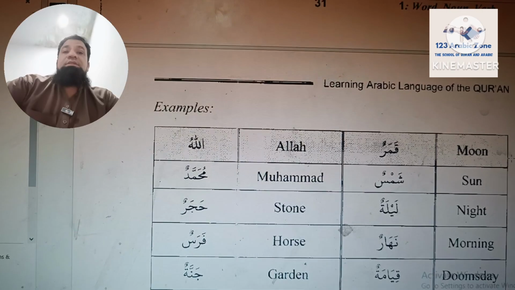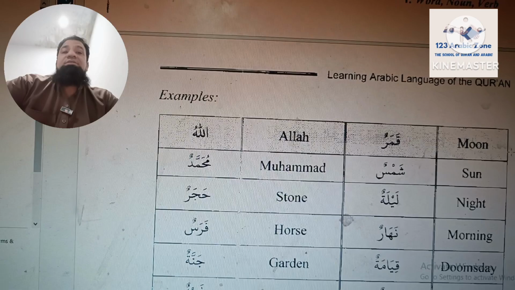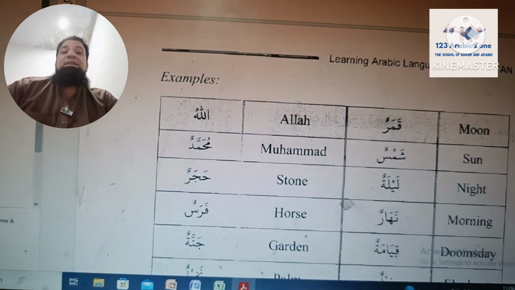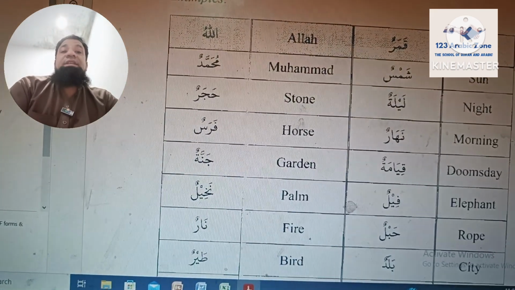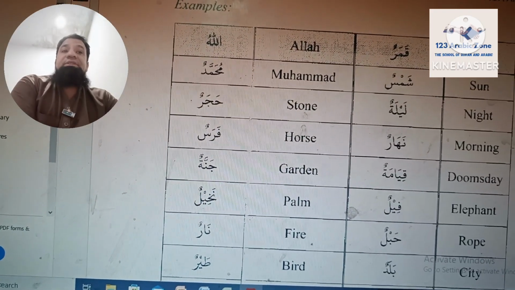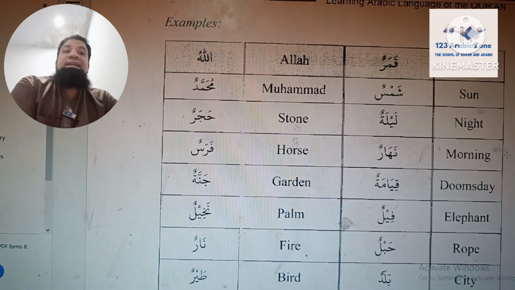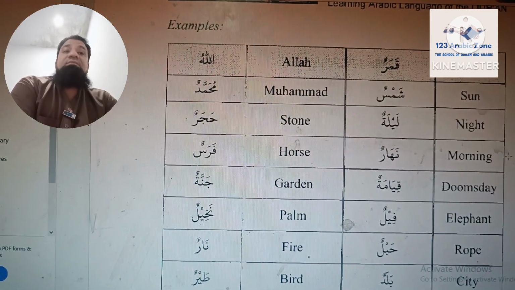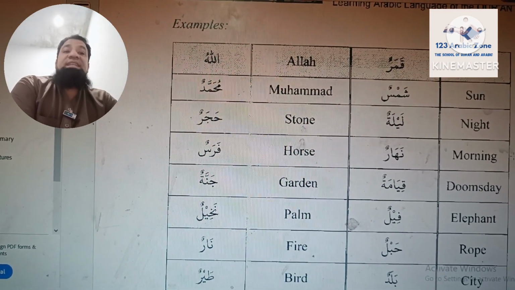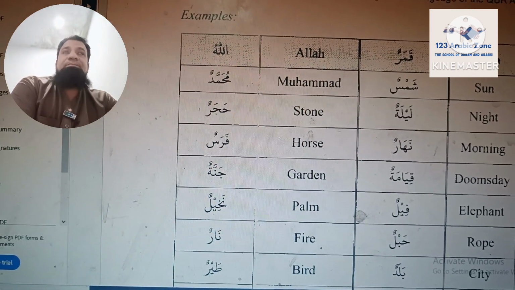Like Allah, Muhammad, Hajar, stone, Faras, horse, Jannah, garden, Nakhil, palm, Nar, fire, Tayr, bird, Qamar, moon, Shams, sun, Layla, night, Nahar, morning, Qiyamah, doomsday, Feel, elephant, Habl, rope, Balad, city.